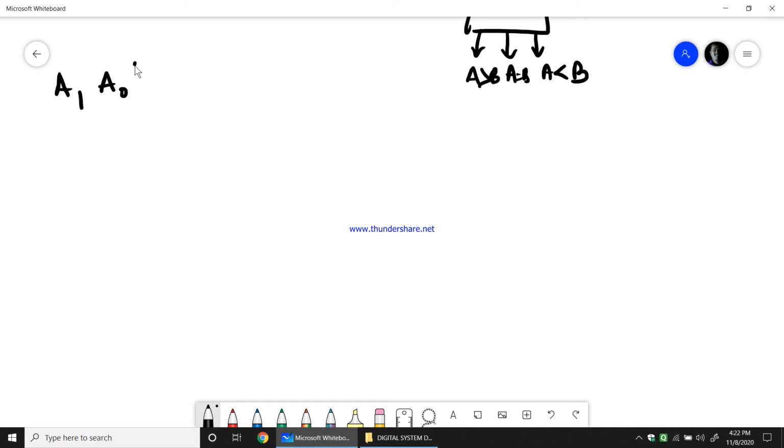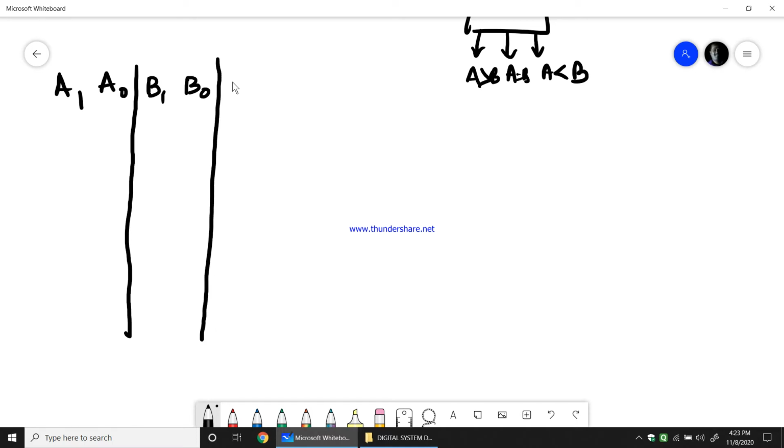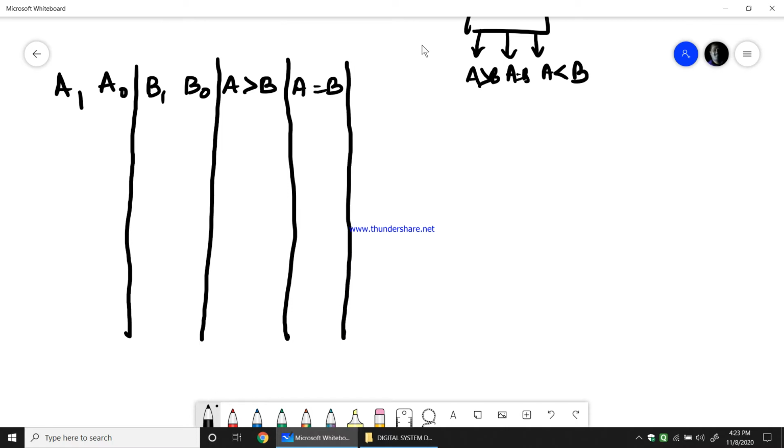A1 A0 is one input, B1 B0 is another input, and then we'll have three outputs, A greater than B, A equals B, and then A less than B. Okay, we'll write the bit sequences. 4 zeros.